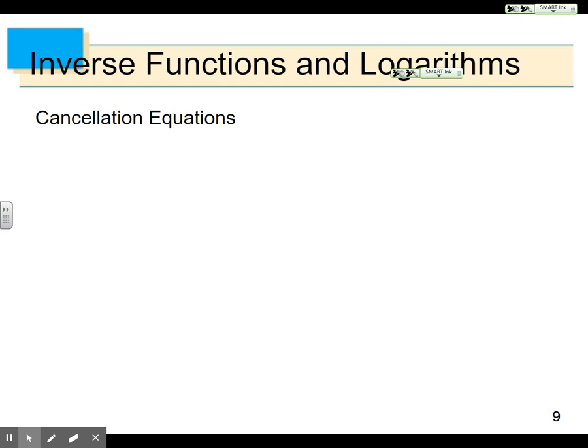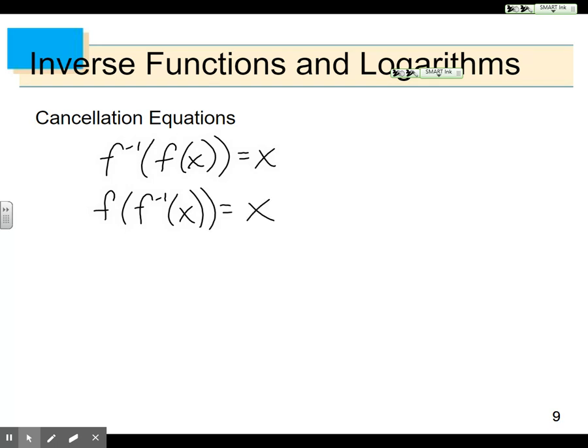What happens is, if I'm taking the inverse of a function and doing this composition, it should equal x every time, as long as x is in the domain of A. And even if I'm working this the other way, where I'm taking f of f inverse of x, that should equal x as well. And again, the reason this is working is because we're just switching our domain and range.